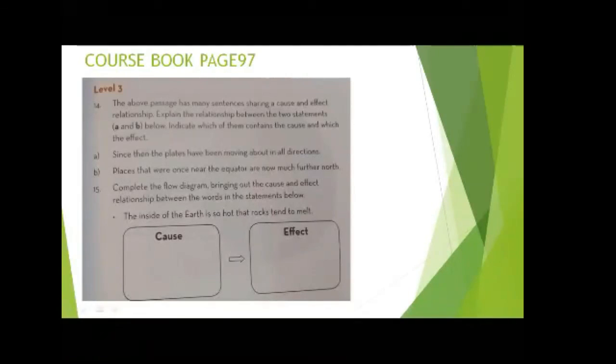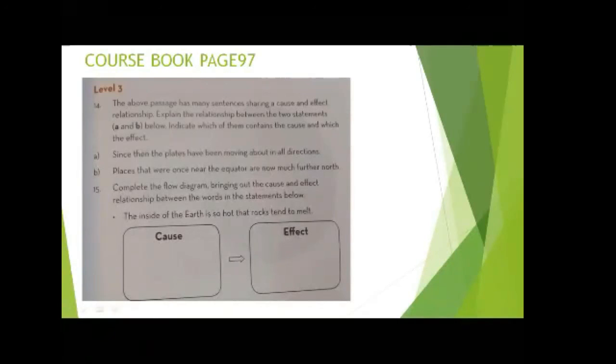So, we'll come to question 15. Complete the flow diagram bringing out the cause and effect relationship between the words in the statements. The statement is: the inside of the earth is so hot, the rocks tend to melt.